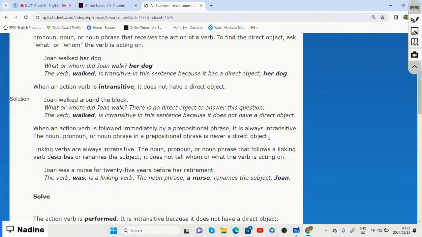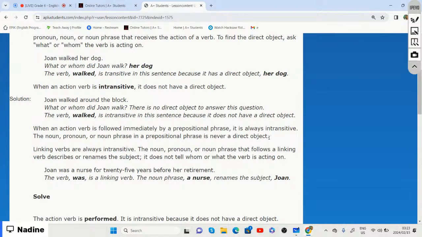Because remember, an intransitive verb does not have a direct object, which means it will not tell you whom or what it is acting on.